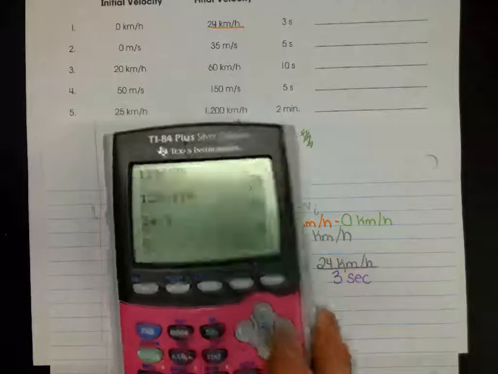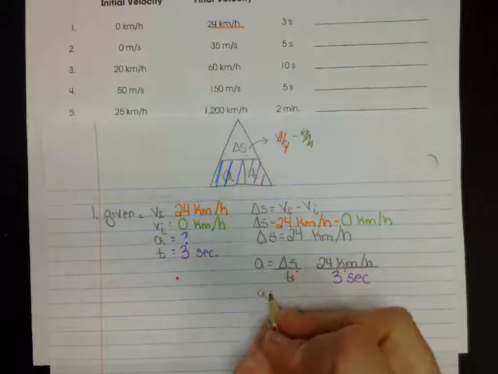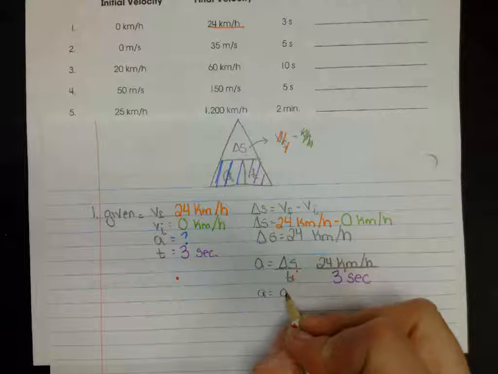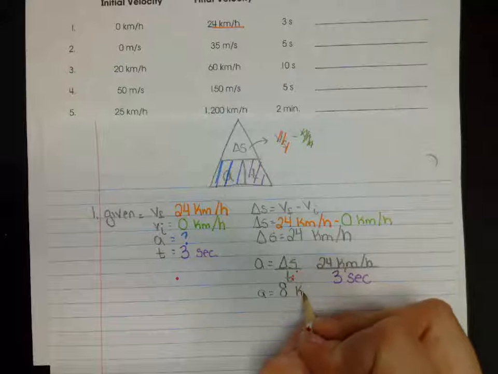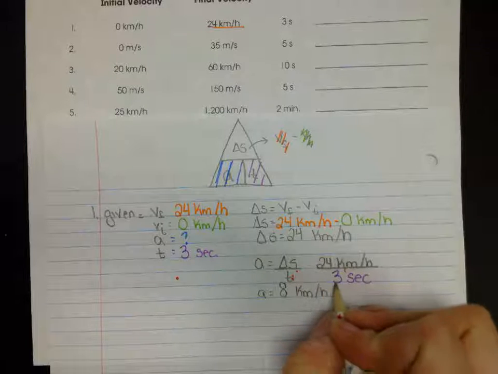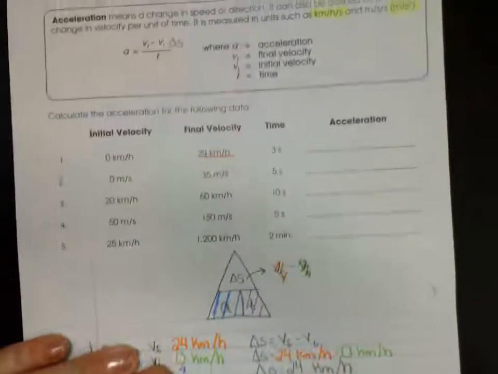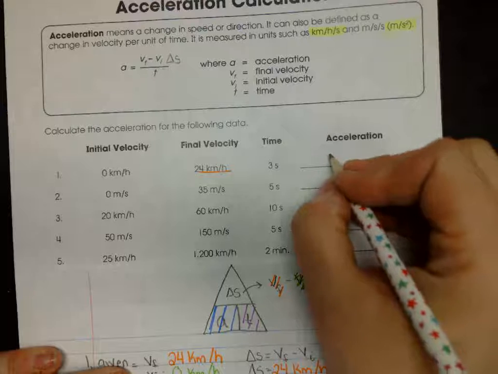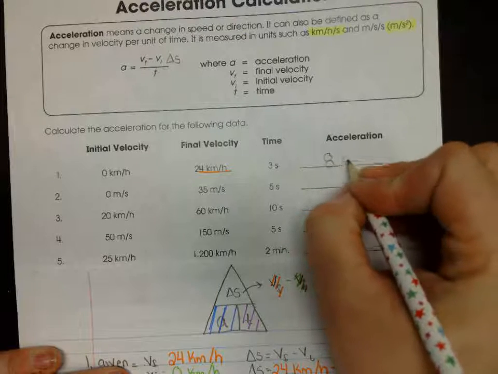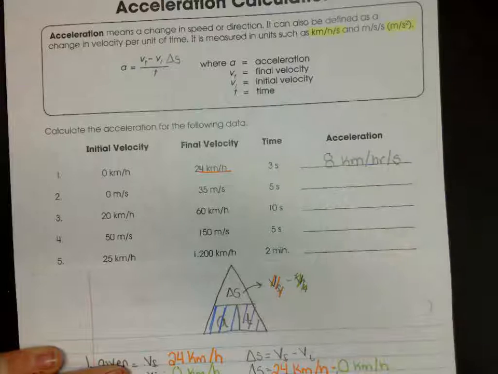My handy dandy calculator tells me that number is 8. So my acceleration is equal to 8. None of my units cancel, so I have kilometers per hour per second. I'm going to go up here and see if that's a valid unit, and it is. So that's going to be my final answer, 8 kilometers per hour per second.